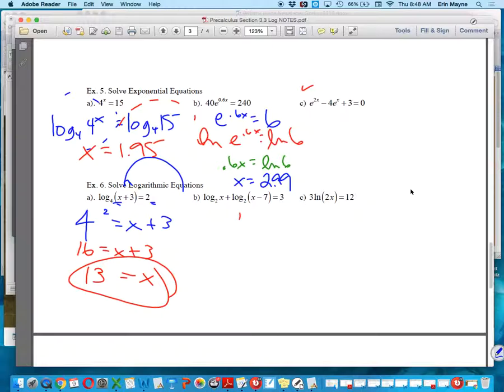Okay. In letter B, what am I going to need to do first? Someone said it before. Yeah, turn this into the log of a product. This is log base 2 of x times x minus 7. So then, what do I need to do?